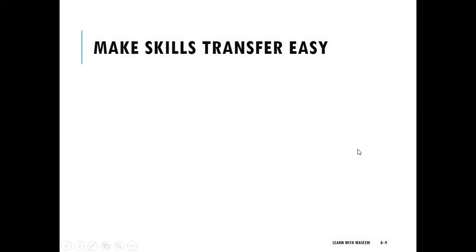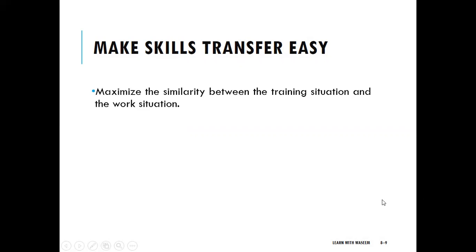The next one is making skills transfer obvious and easy. So make it easy to transfer new skills and behaviors from the training side to the job side by maximizing the similarity between the training situation and the work situation.